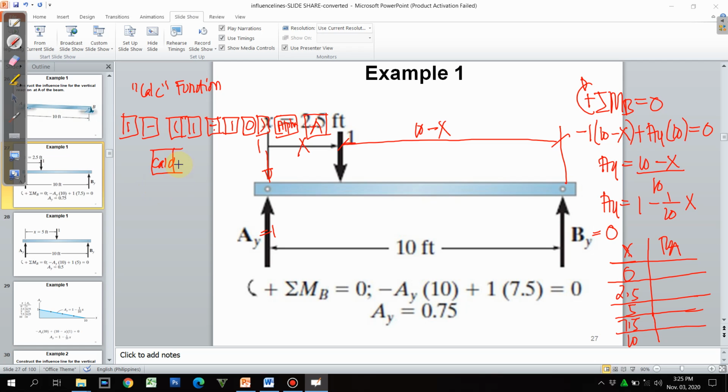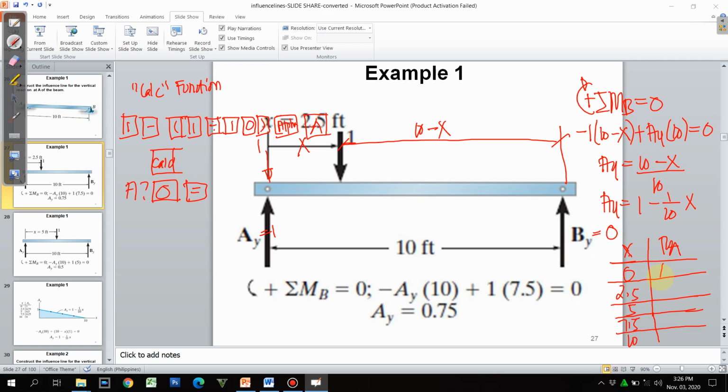It will appear on the screen that it will let you input your first value of x. First value of x is 0, and then just press the equal sign, and on screen it will give you the value of RA, which is 1.